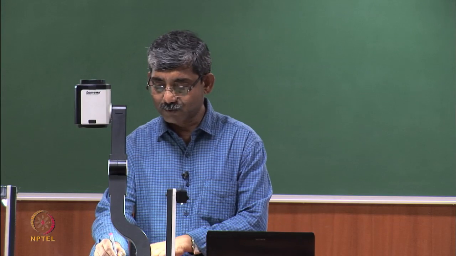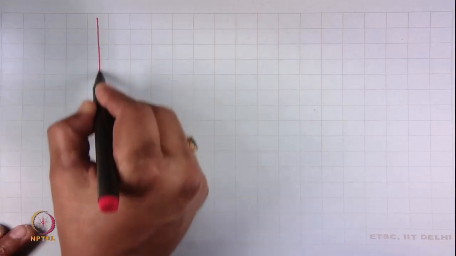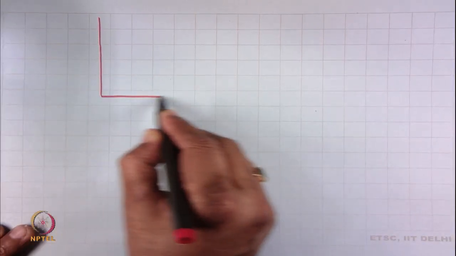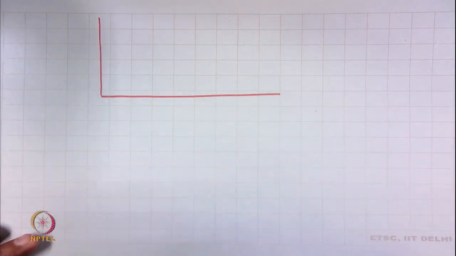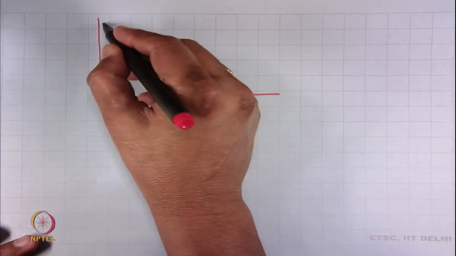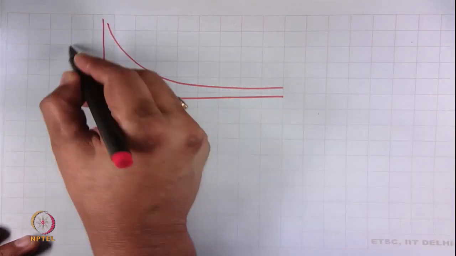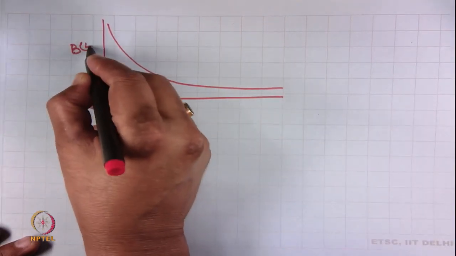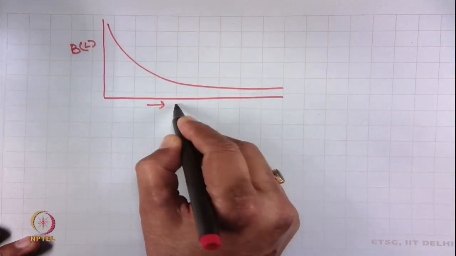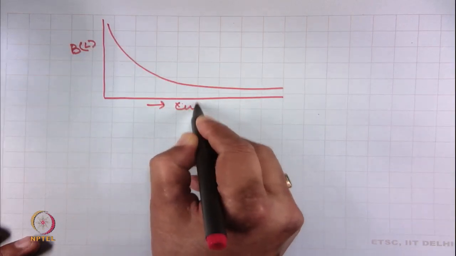Now, what is the actual problem? It is a very practical problem here. We know that this is the BL curve against cut length.